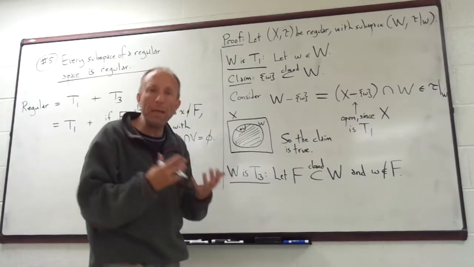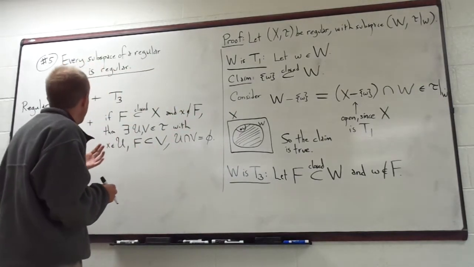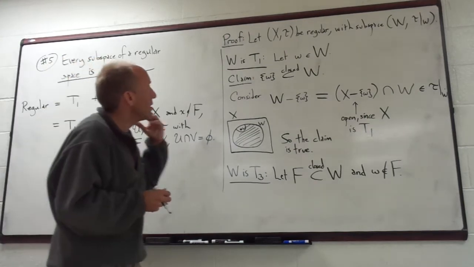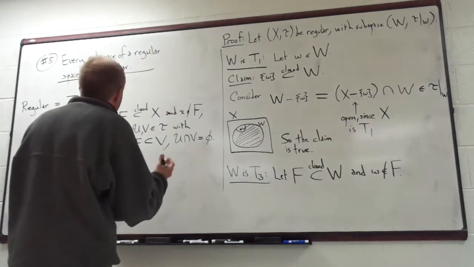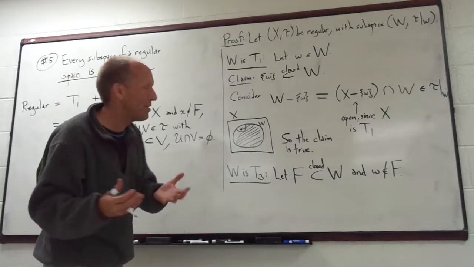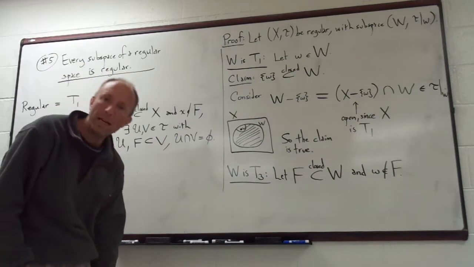That's what we would be hoping to do, right? As we think about how I can possibly use the assumption that X is already T3. Well, in order to use that, you need to have a closed subset of X. Okay?